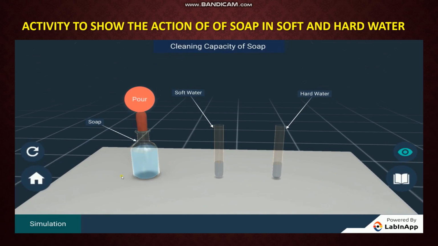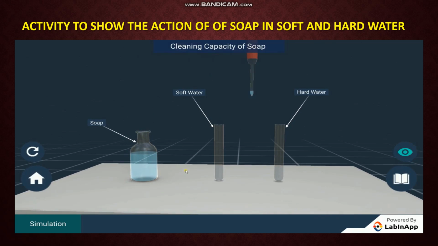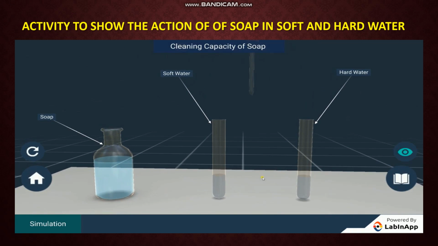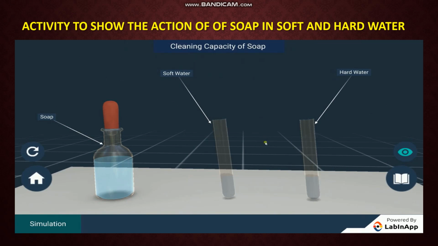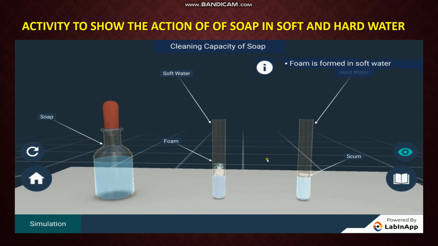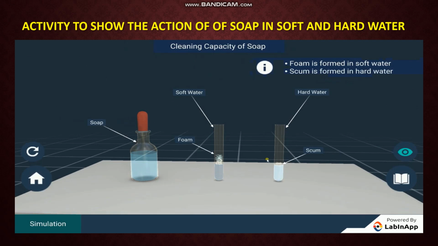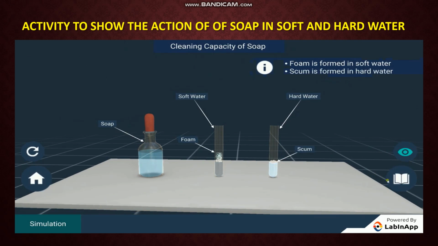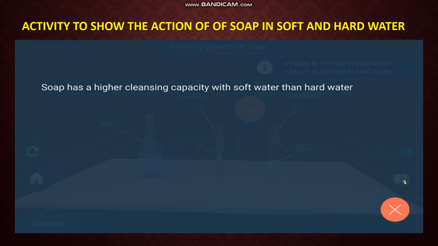Add a few drops of soap solution in each test tube. Shake both the test tubes vigorously for some time and observe. You observe formation of foam in the first test tube and scum in the second test tube. From this activity, we can conclude that soap has a higher cleansing capacity with soft water than hard water.